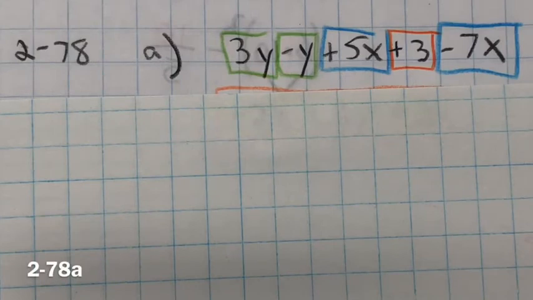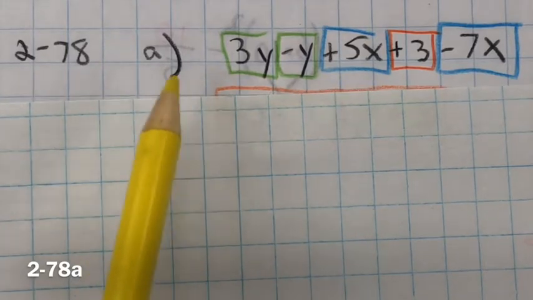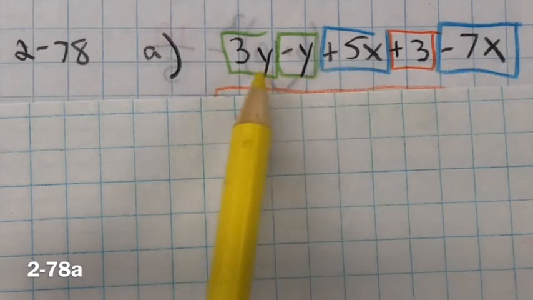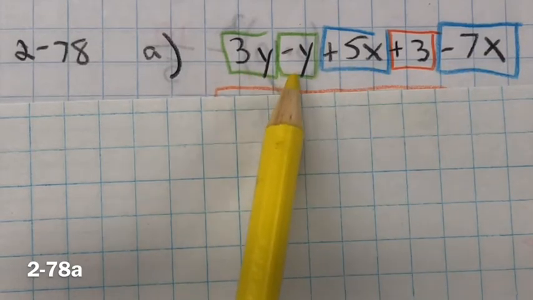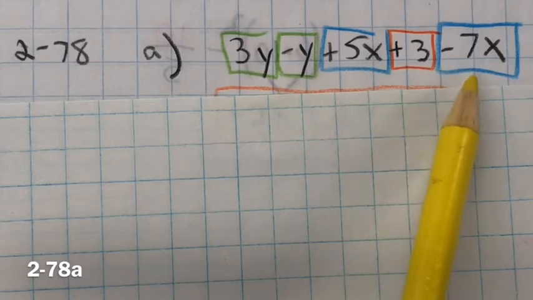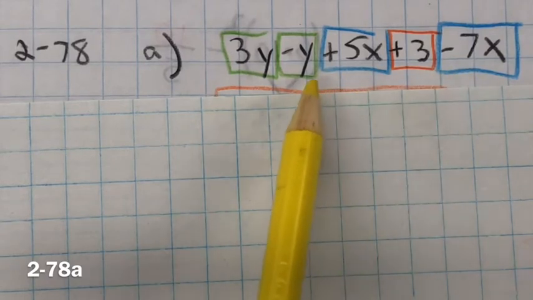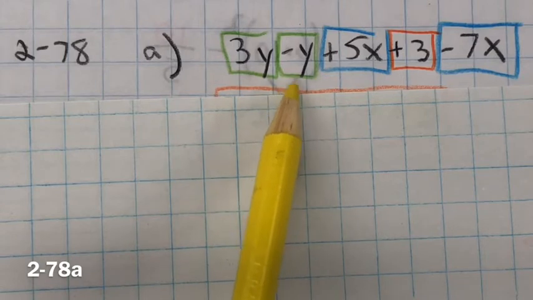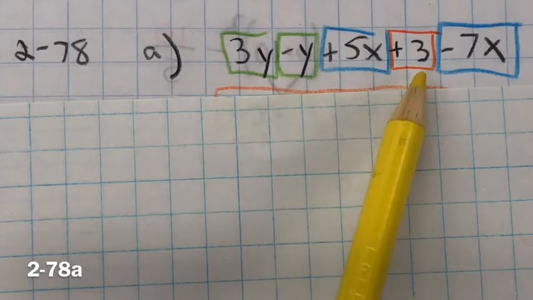Problem 278. You need to simplify each expression as much as possible. So for A, we have the like terms. I use different colors to group the like terms. It makes it really easy to see, and also you're less likely to miss one of the terms.